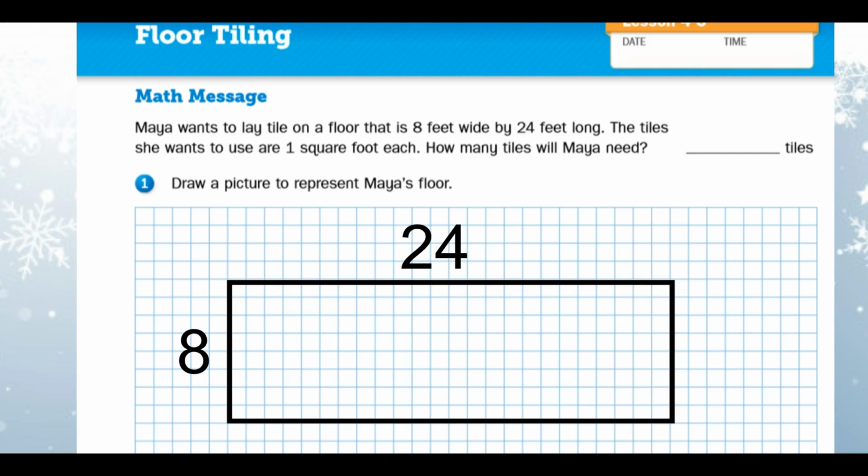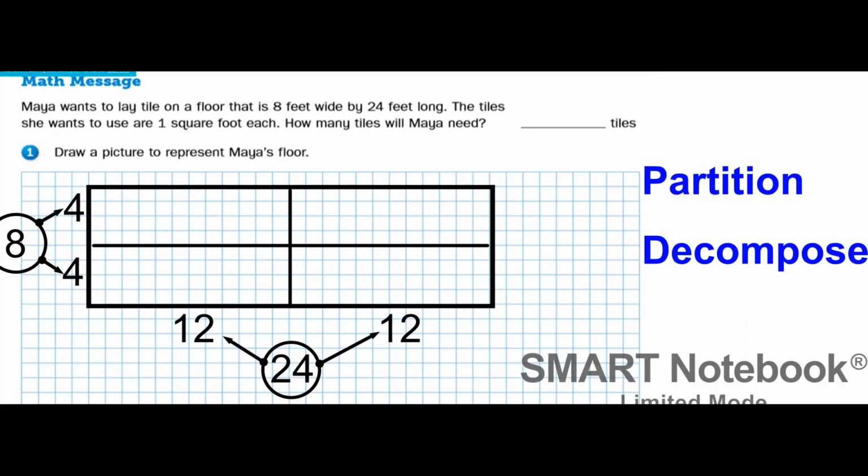into smaller parts. So here I've taken my factor 8 and I've decomposed it. I broke it apart and made it smaller into 4 and 4 because 4 plus 4 is the same as 8. And here I have partitioned my rectangle.